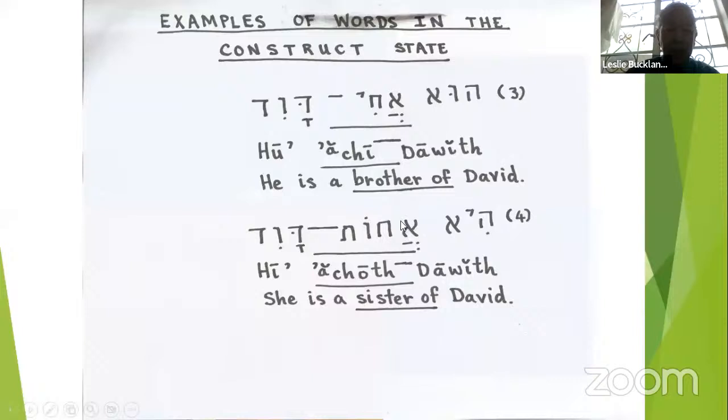So there's a change in form, and this is achot in its construct state. So it doesn't stand by itself anymore. This binder joins the noun achot to the noun David and tells us about the relationship of this sister to that of David. She's a sister of David.